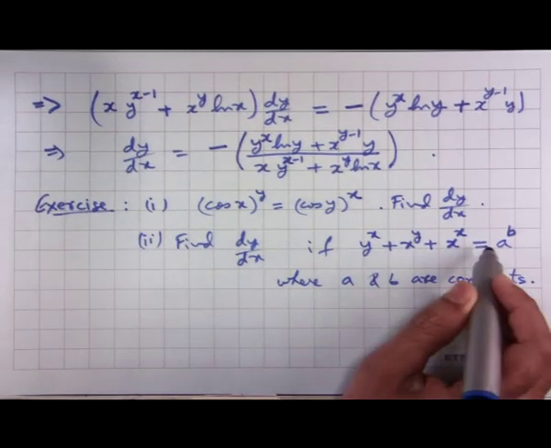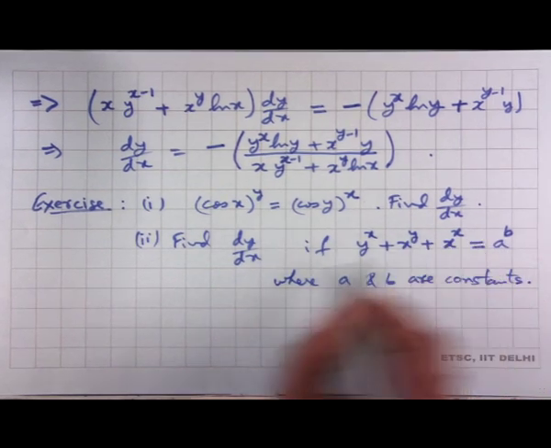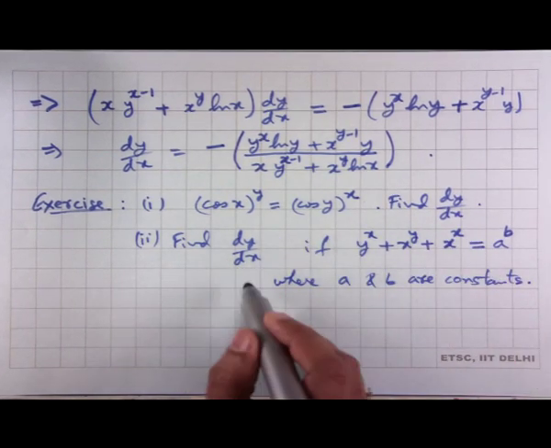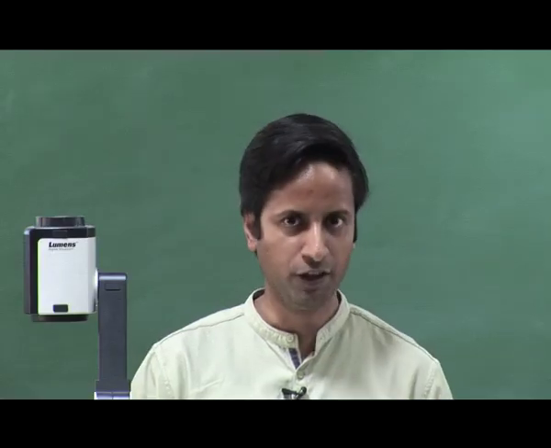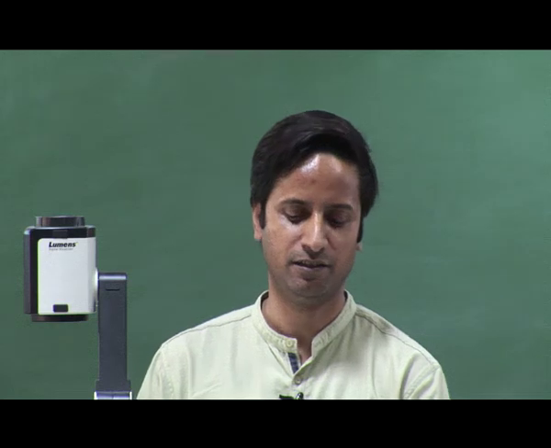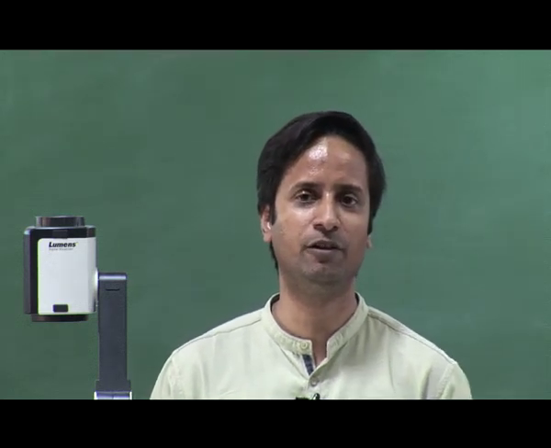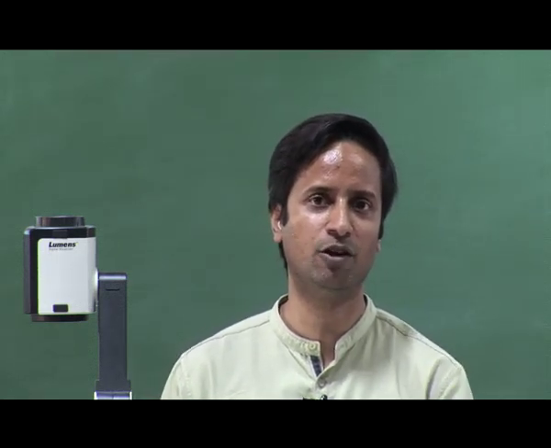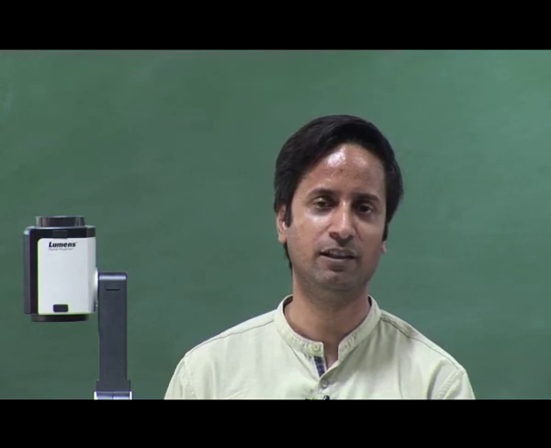So, the sum of the derivatives will be 0, and from that you can calculate dy/dx. So, this logarithmic differentiation is an important tool to calculate the derivative of functions when it looks complicated.